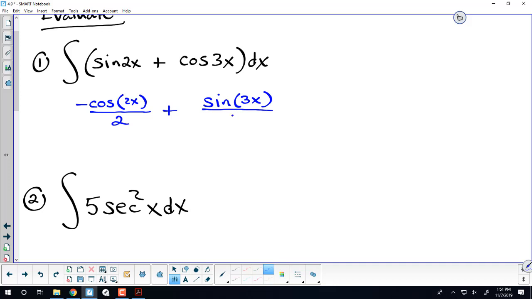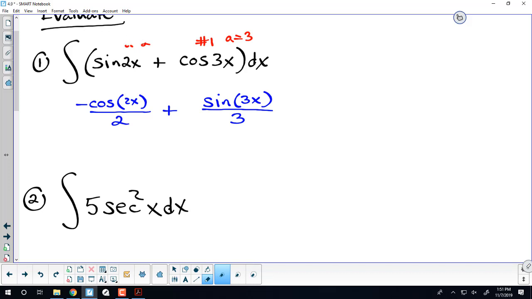Antiderivative means we're going to divide by 3, not multiply by 3. So if you're referring to that chart or the sheet, this is number 1 with your a equal to 3, and this is number 2 with a equal to 2.